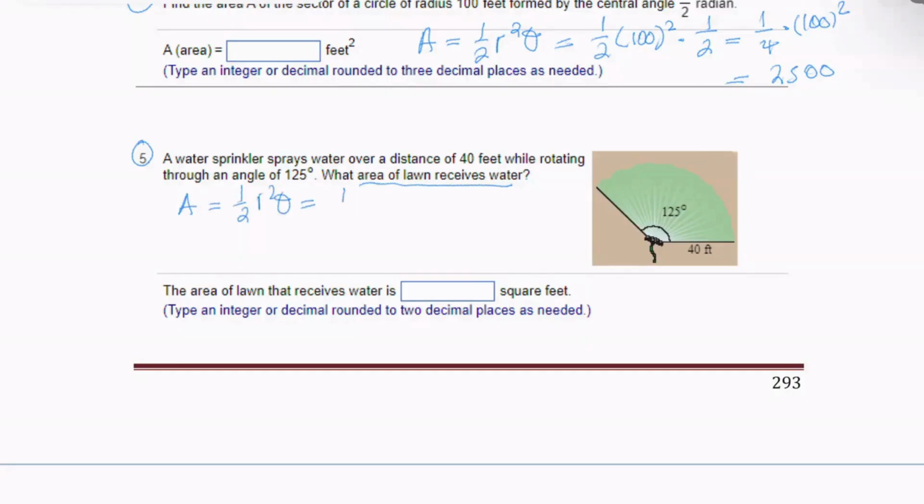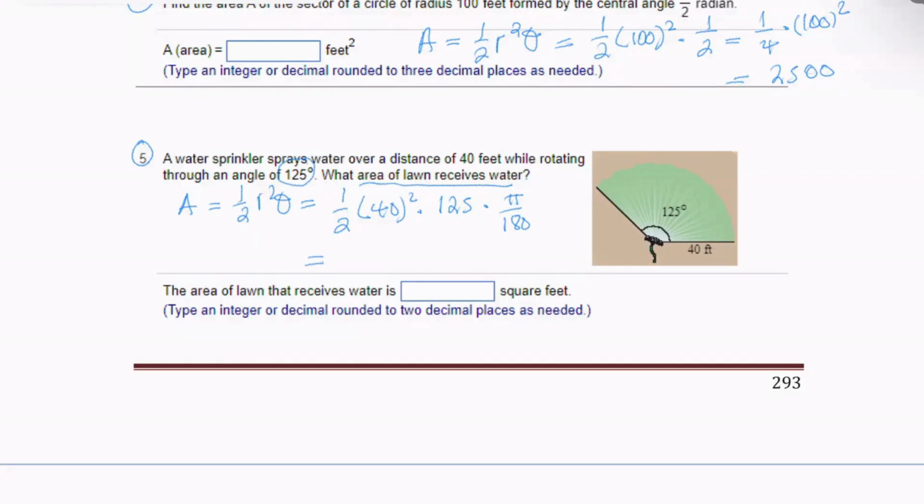We write 1 over 2, the radius is 40 squared, multiplied by, where there is theta, I write 125 multiplied by pi over 180 degrees. Why did I multiply by pi over 180 degrees? Because the angle is in degrees. We have to convert it to radians.